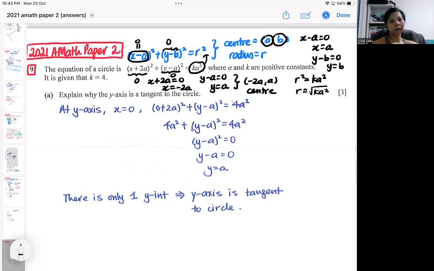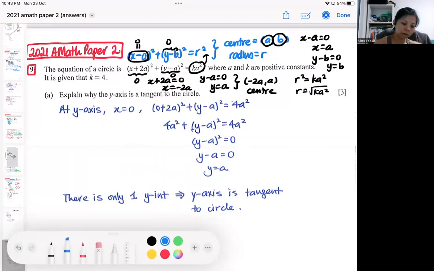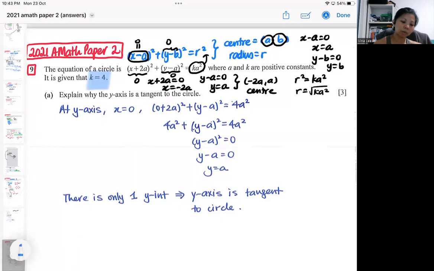Okay, so anytime an equation of circle is given to you, whether they ask for center or radius or not, you need to be able to process out the center and radius. Because if you need to draw, it will facilitate the drawing from there. Then subsequently, the question gave a specific value, k equal to 4.